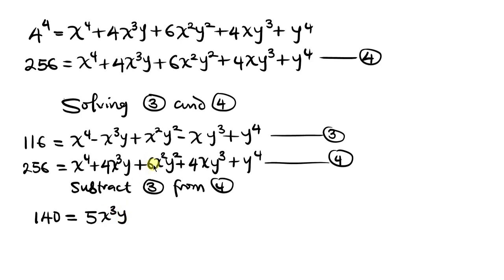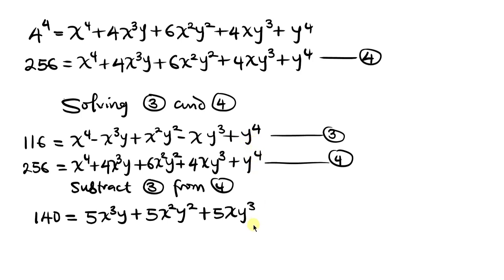Then 6x squared y squared minus x squared y squared is 5x squared y squared. And then 4xy cubed minus xy cubed, that is 5xy cubed. And then lastly, y to the 4th minus y to the 4th is 0, so no need of writing that.